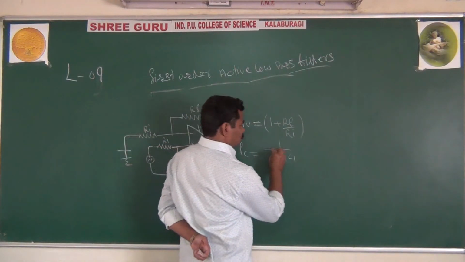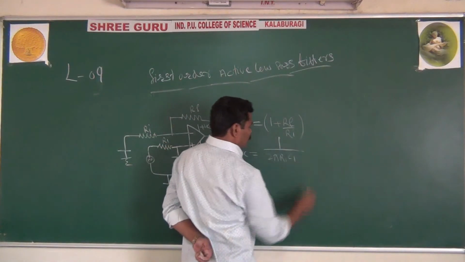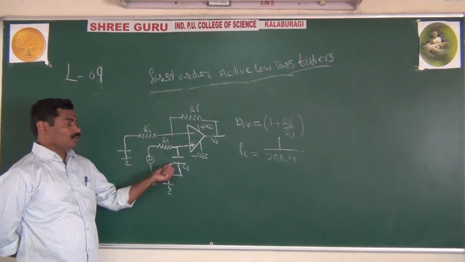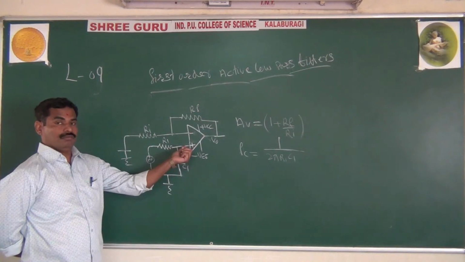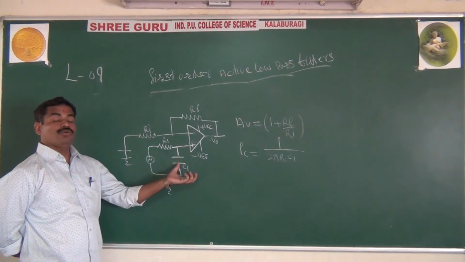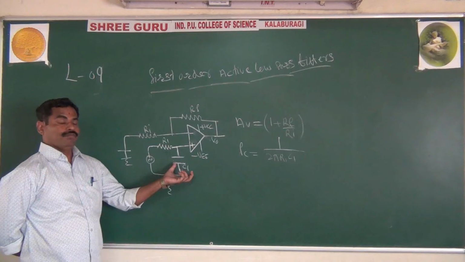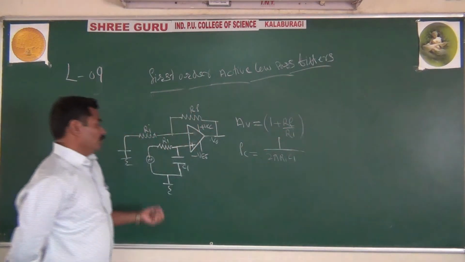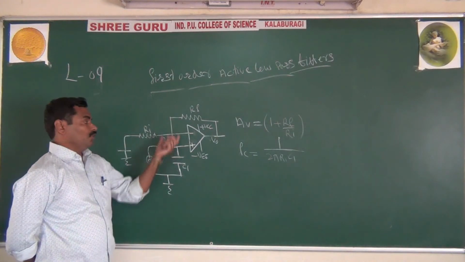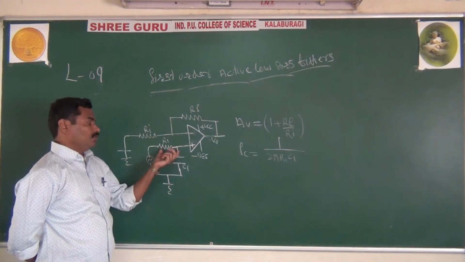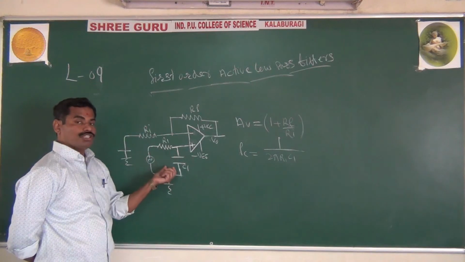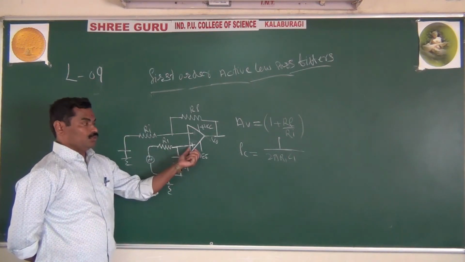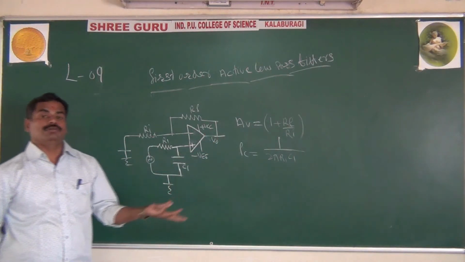The important thing is why you connect the low pass filter to the non-inverting terminal: we want more amplification, more gain, because we want 1 plus RF by RI. If you connect the low pass filter to the inverting terminal, you do not get more gain. But if you connect the RC low pass filter to the non-inverting terminal, we get more gain, more amplification.